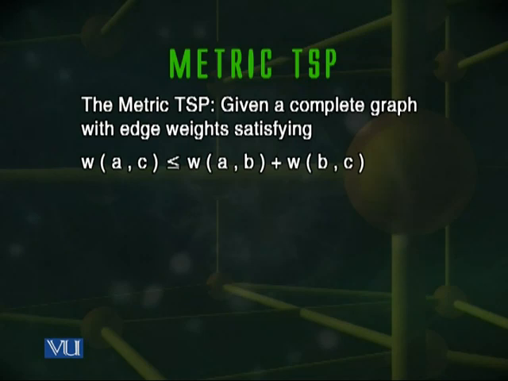It says that the cost of going from A to C is less than or equal to the sum of the costs of going from A to B plus B to C. So the way you should think about it is, if you start from a point and you want to get to another point and you don't go directly but go through some other vertex in the graph, that would cost you at least as much as going directly. Thus, making shortcuts would not hurt you in this graph.